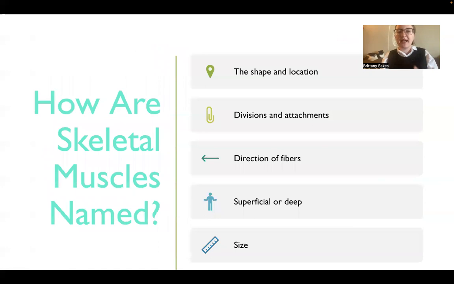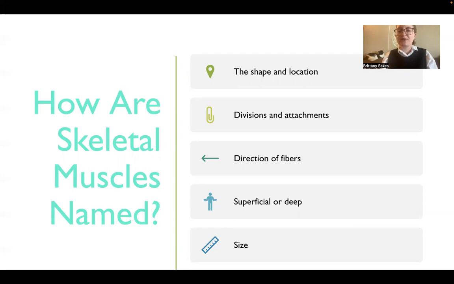So we talked about how different skeletal muscles are named. They can be named based on their shape and location, based on their divisions, like the biceps has 2 divisions, the quadriceps has 4 divisions, based on their attachment, like the sternocleidomastoid muscle. It attaches at the sternum, the clavicle, and the mastoid process.